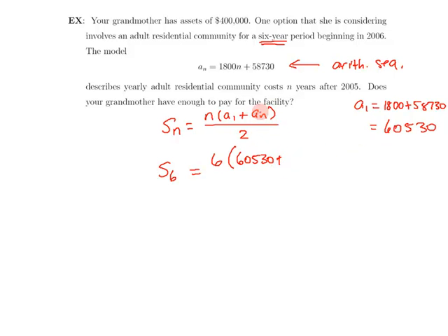Because I want to find the last of the 6-year period. So A6 would be 1800 times 6 plus 58,730, which is 10,800 plus 58,730, or 69,530.